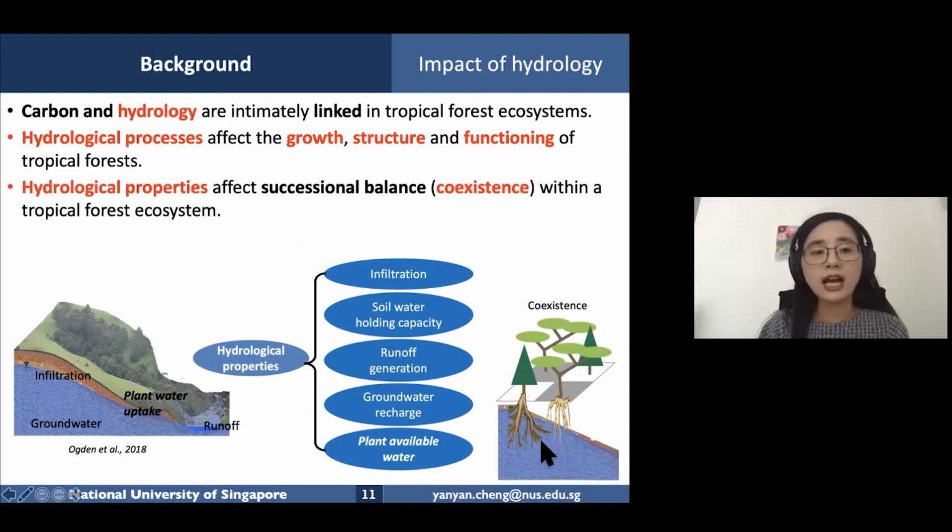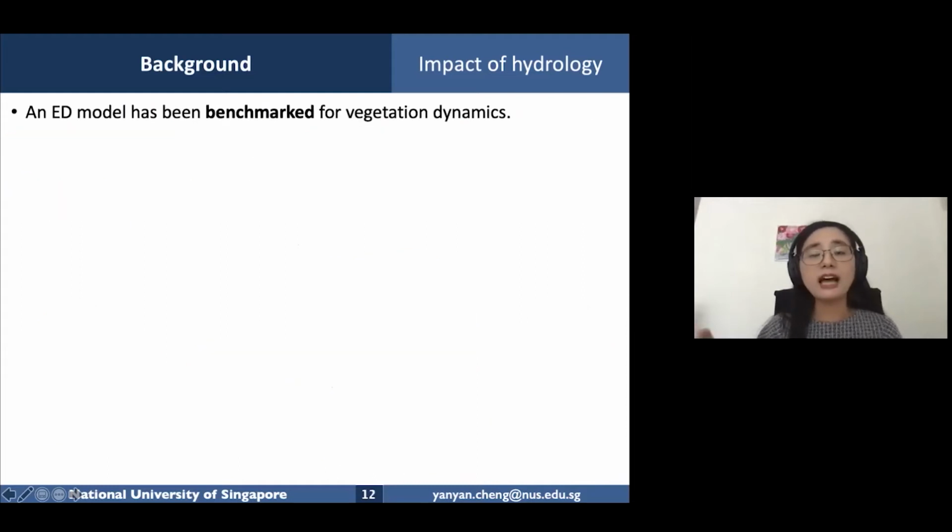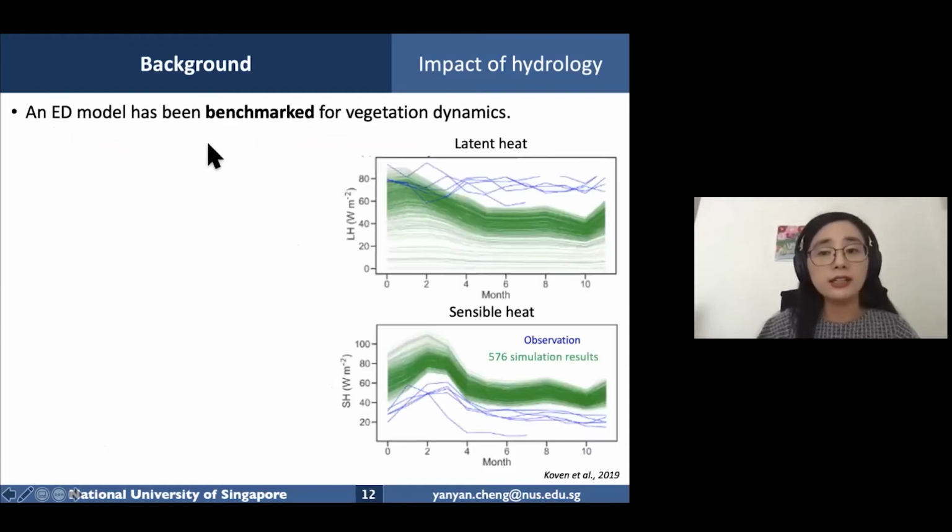And the hydrological properties are what determine the distribution of this soil water and groundwater below ground. And eventually it will control the coexistence in a tropical forest ecosystem. And another example to show the impact of hydrology is from a benchmark study for an ED model that was published earlier.